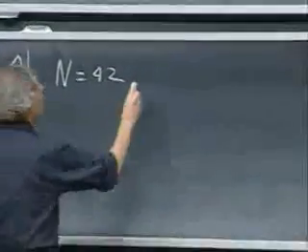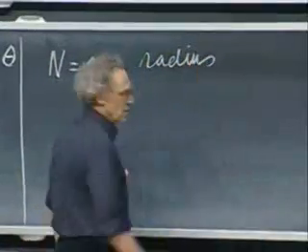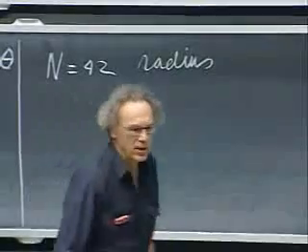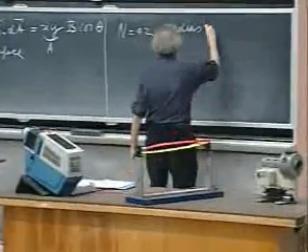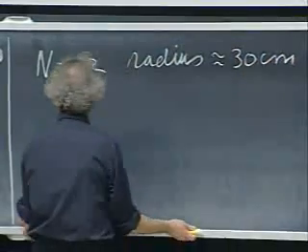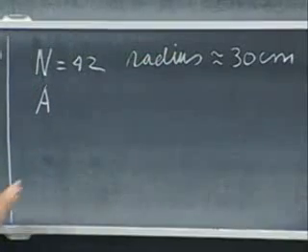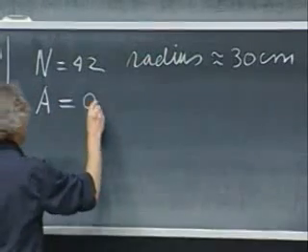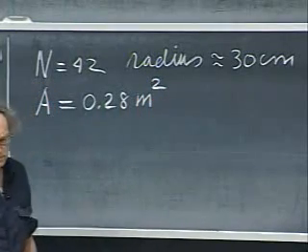And it is circular. It has a radius, I think it's about 30 centimeters. Here you have it. It's about 30 centimeters. So the area, pi r squared, which is my capital A, is about 0.28 square meters. You may want to check that.